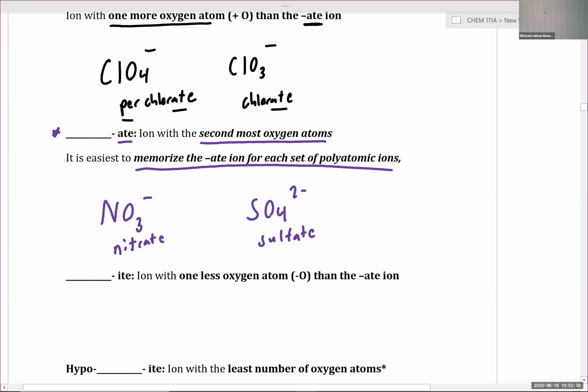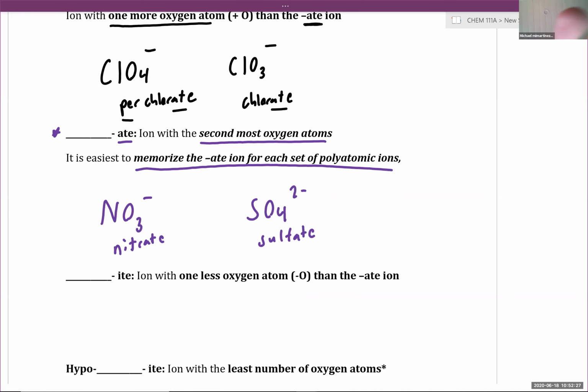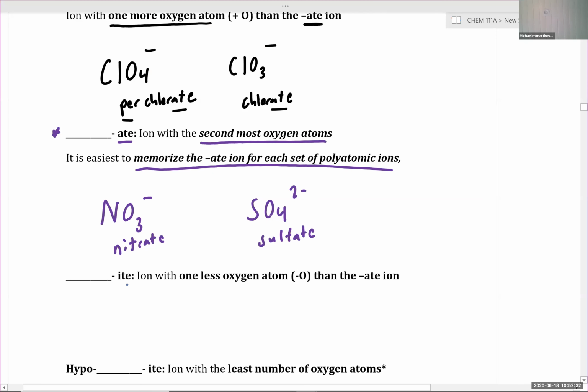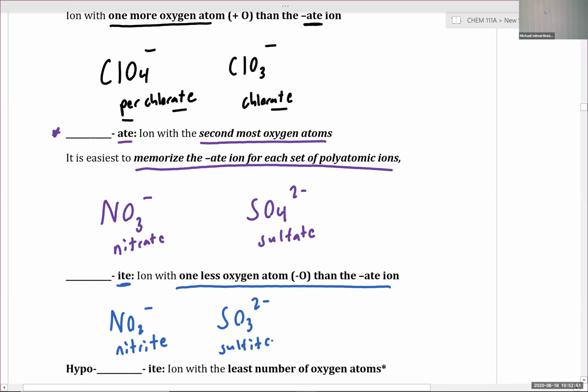So for example, the next suffix that we often see is the "ite" suffix. It's the ion with 1 less oxygen atom than the "ate" ion. So for example, NO2 minus is known as nitrite, while SO3 2 minus is known as sulfite.